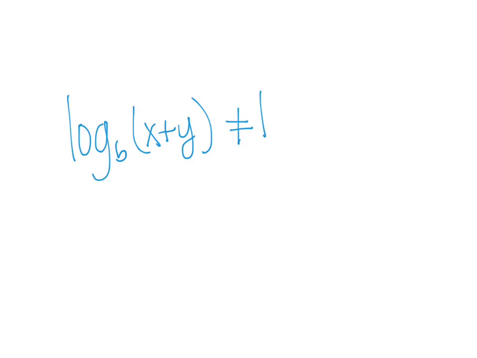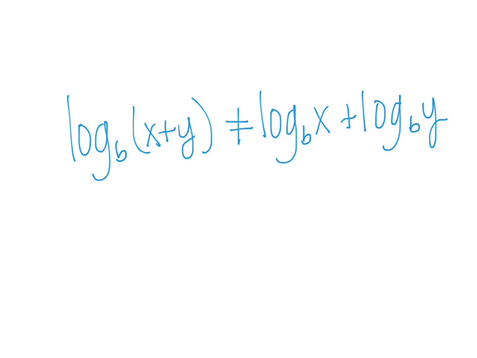We also saw at the beginning that if I have addition inside of a log, this is not the same as distributing that log. I cannot distribute a log. So I never want to see a log that you're distributing over addition. There is no rule for addition inside of a log.